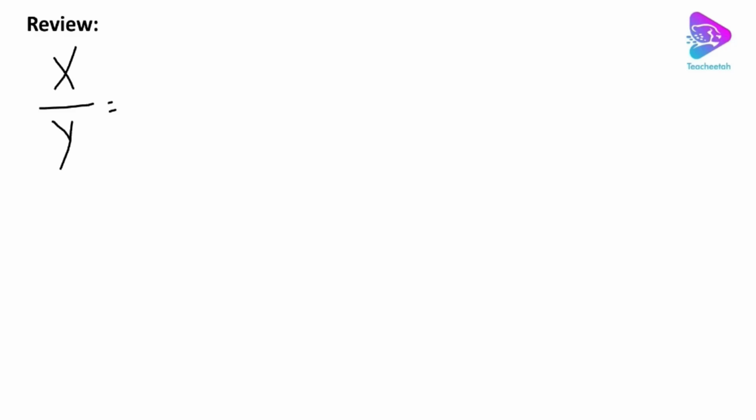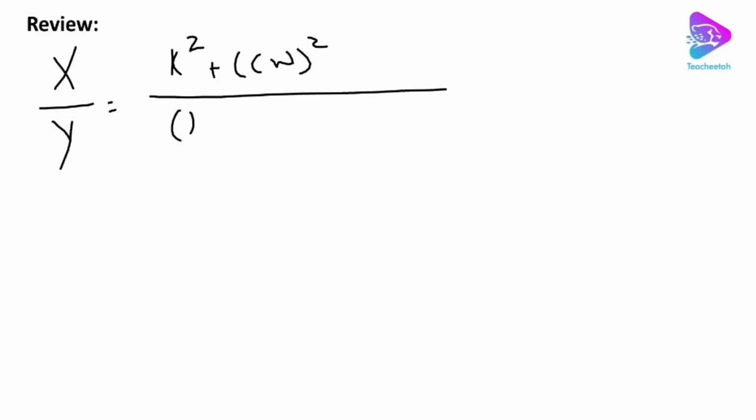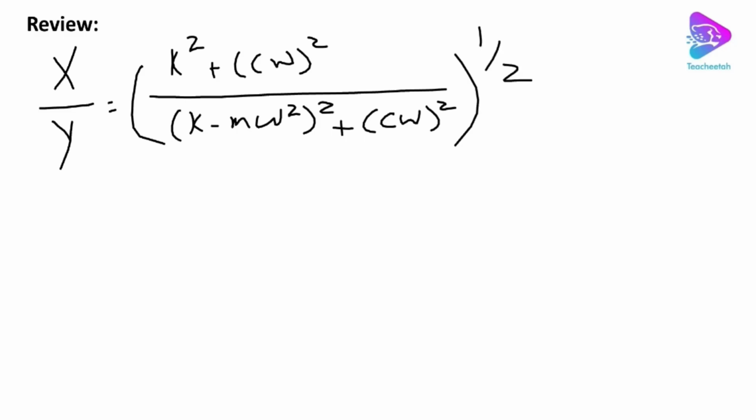So for these systems, we have an expression for this ratio, which is k squared plus c omega squared, divided by k minus m omega squared, plus c omega squared, to the power of half.